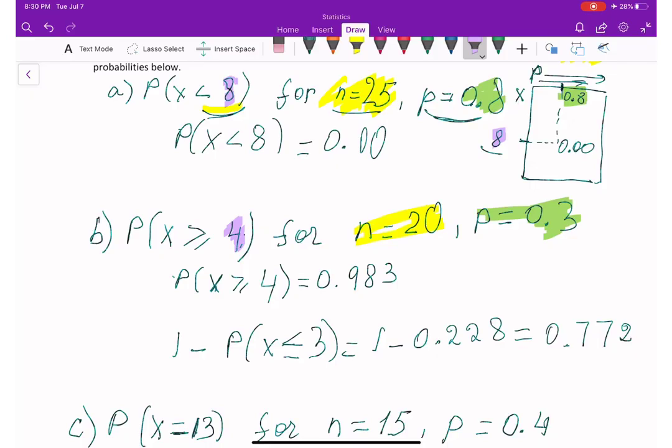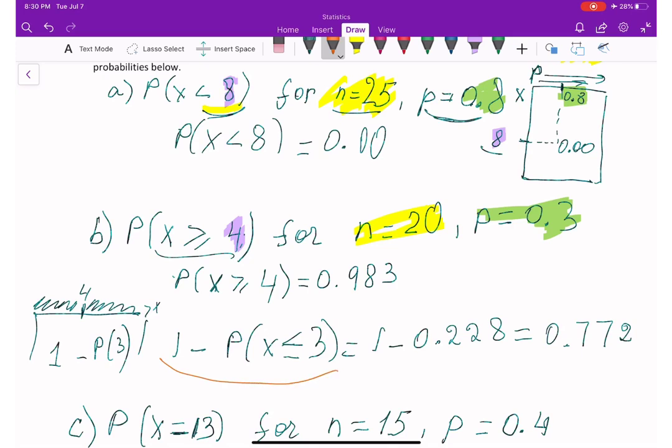So if we need to find x greater than or equal to 4, then I need to take 100%, which is 1, minus the probability of less than or equal to 3. Which is going to be here, because the table shows only for less.